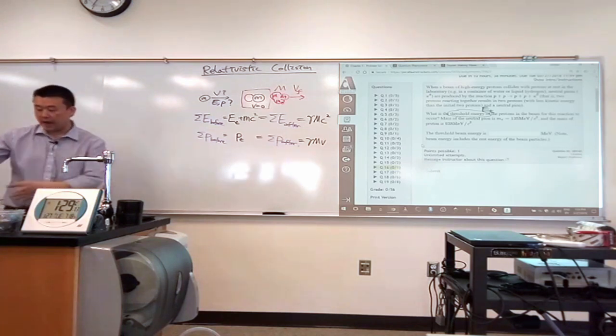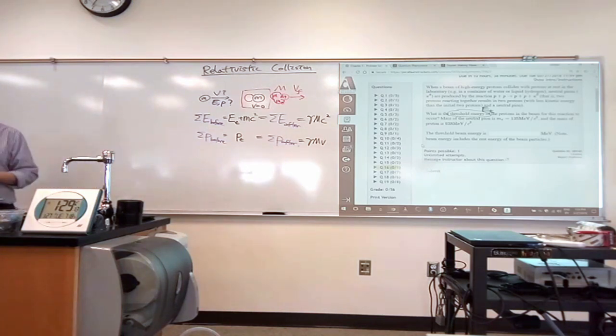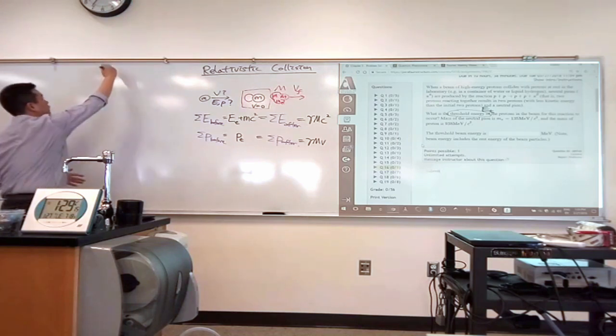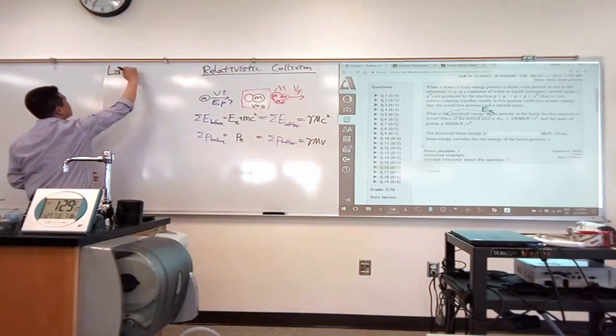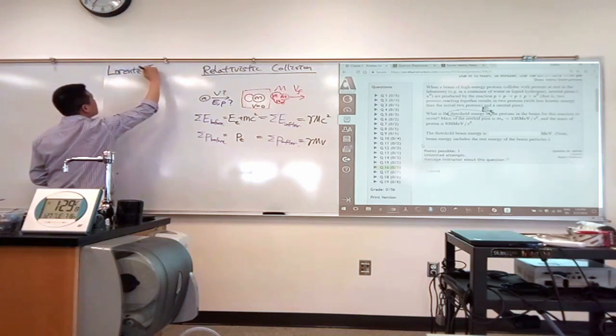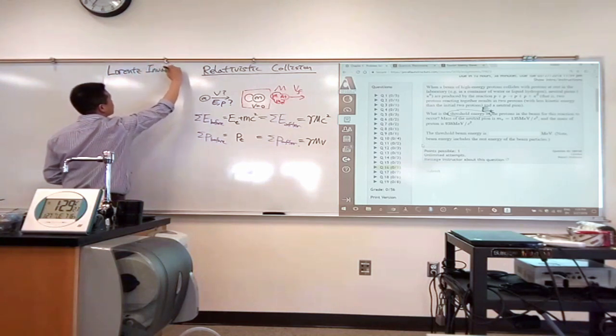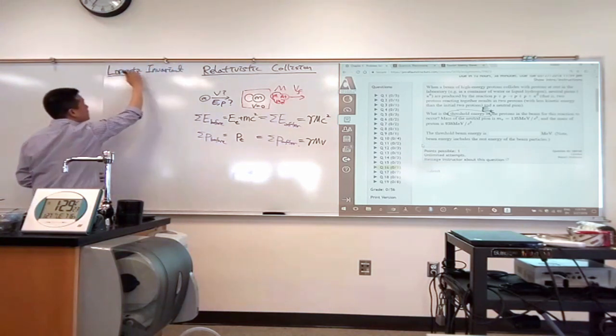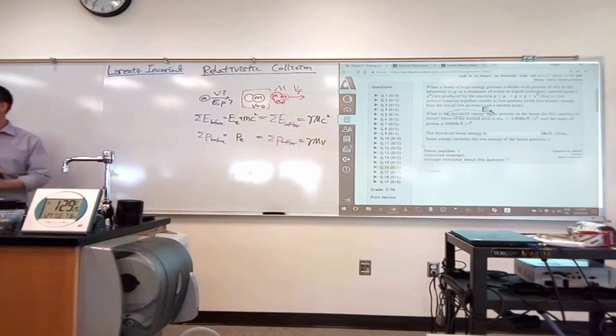This is where the idea of Lorentz invariant is helpful. The idea of Lorentz invariant is that there are certain combinations of quantities that, in whatever reference frame, give you the same thing. We talked about the invariant interval in this class, and we didn't spend as much time with the invariant mass, and that's why I'm calling it invariant mass, even though it's mass.